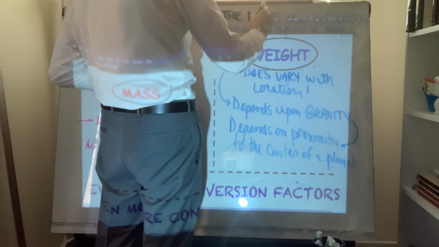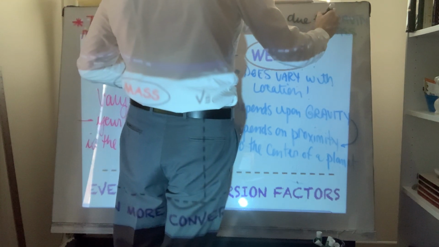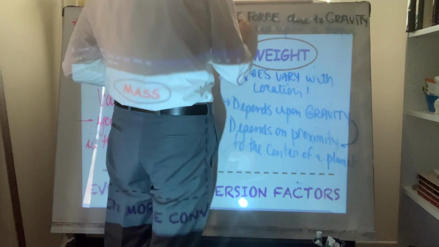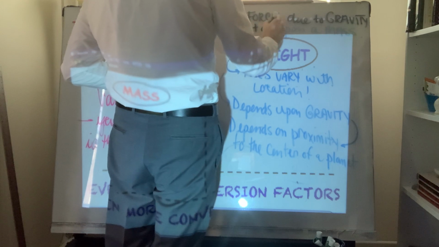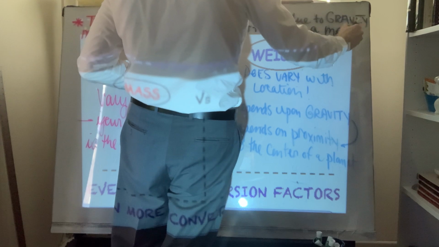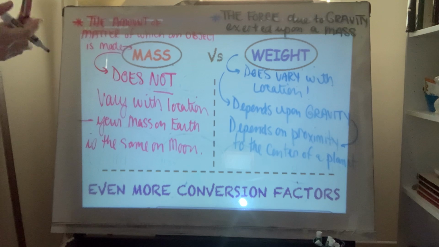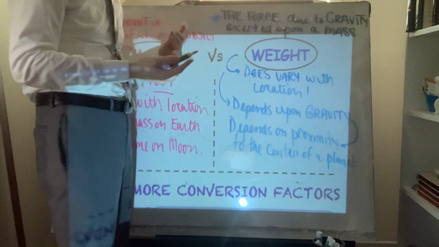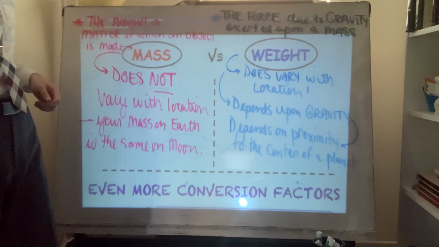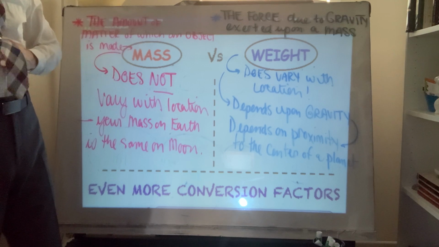Weight is the force due to gravity exerted upon a mass. These are two different concepts, two different factors: a gravitational acceleration, and a mass, which is measured in kilograms, usually in physics class.